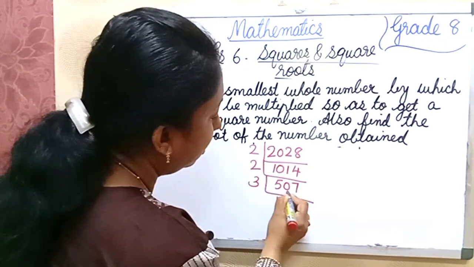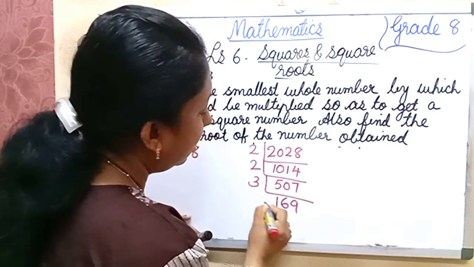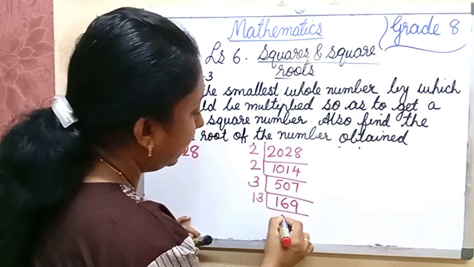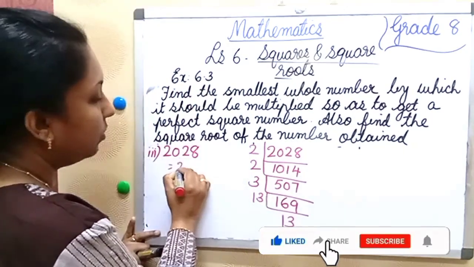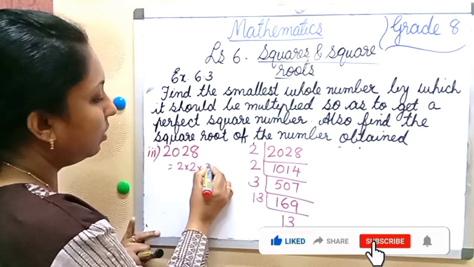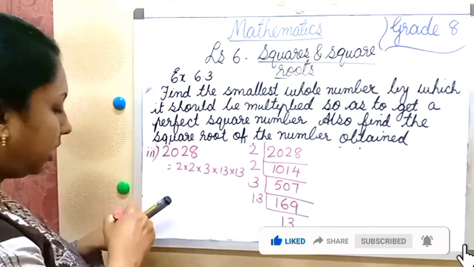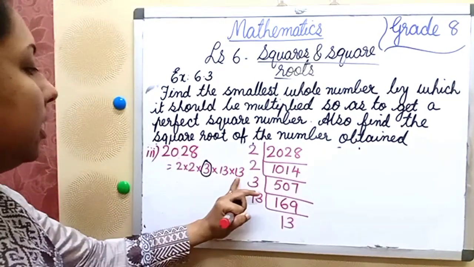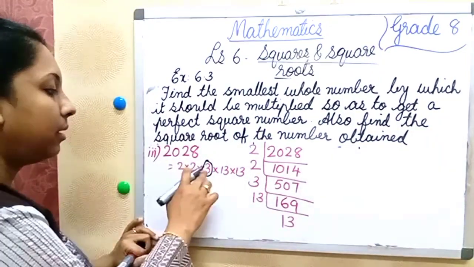Then 3, 6 3s are 18, 3s are 27. So 169, that is 13. 13 13s are 169. So 2 into 2 into 3 into 13 into 13. Except 3, the 2s and 13s are having pairs. So which number should we multiply? 3.